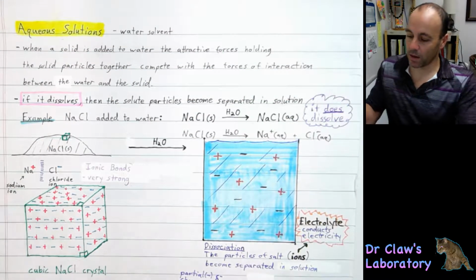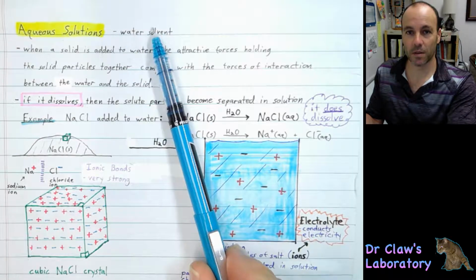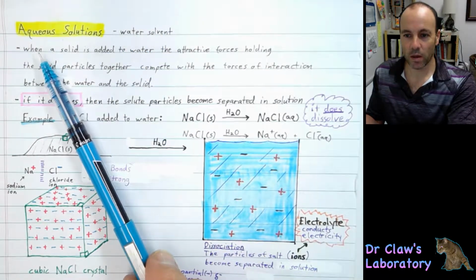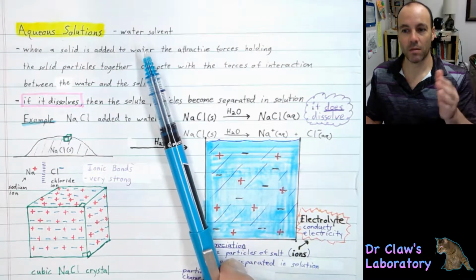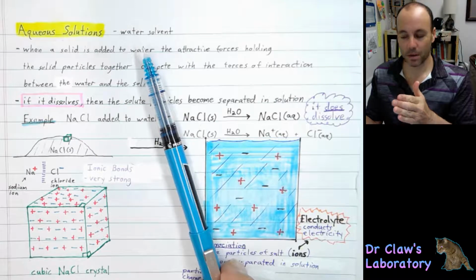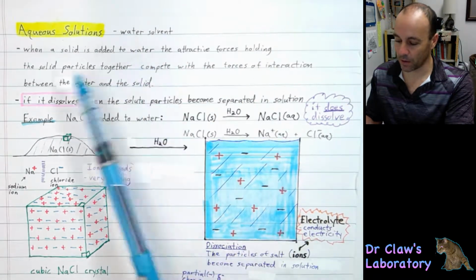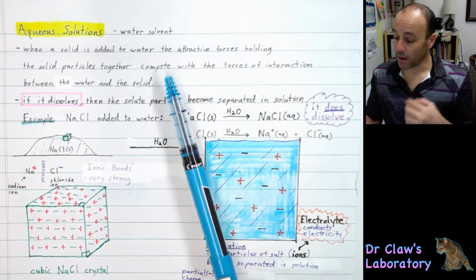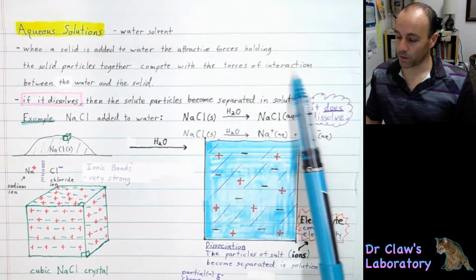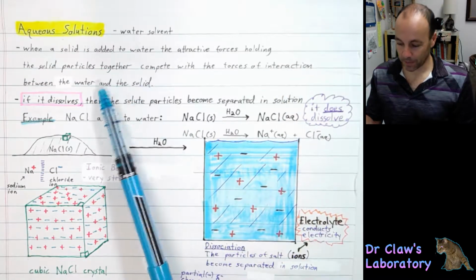You should know that aqueous solutions are those where water is the solvent. When a solid is added to water, it may or may not dissolve, but what happens is the attractive forces that hold the solid particles together in the solid phase end up competing with the forces of interaction between the water and the solid.